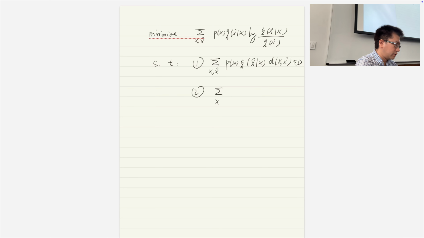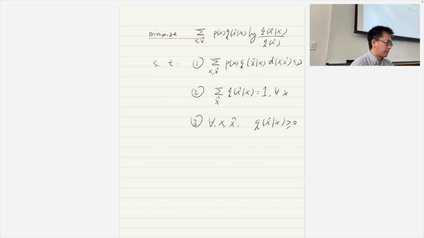If we sum over x hat, it has to equal 1 for all x, right? We have one more constraint, which is that for all x and x hat, q, our variable, has to be greater than or equal to 0. Okay, so this is the standard form of a convex optimization problem, and then we just solve it using the KKT conditions.